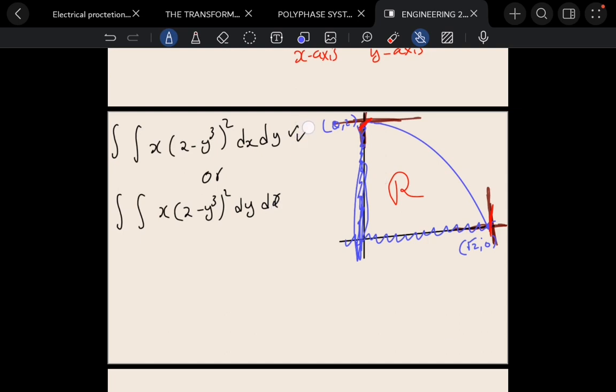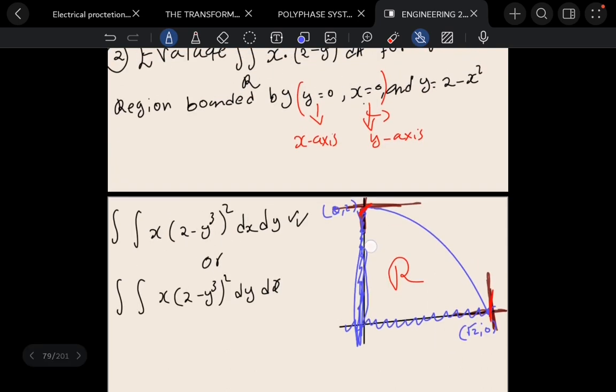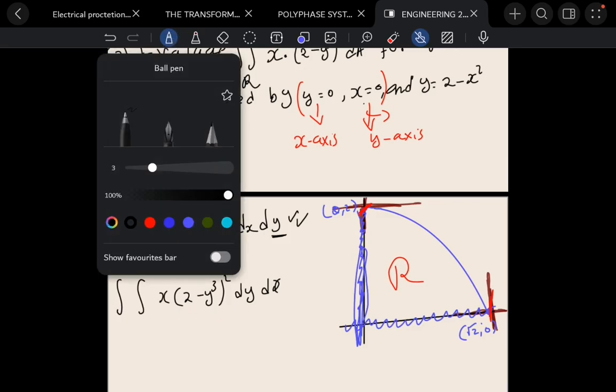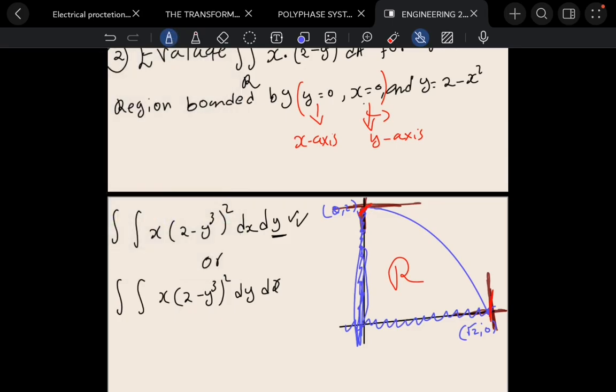But first let us start with this one. Now when we end with dy here, what do we mean? We mean what is your minimum value of y on the x-axis, which is 0, and your maximum value of y is 2, right?